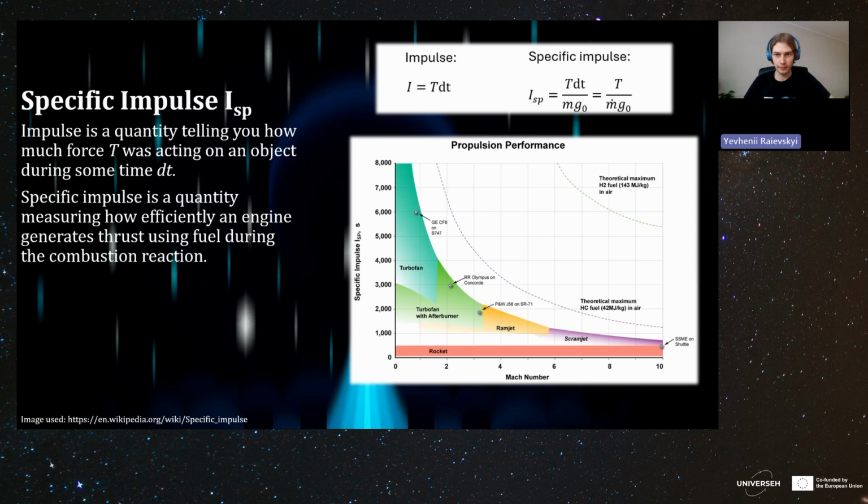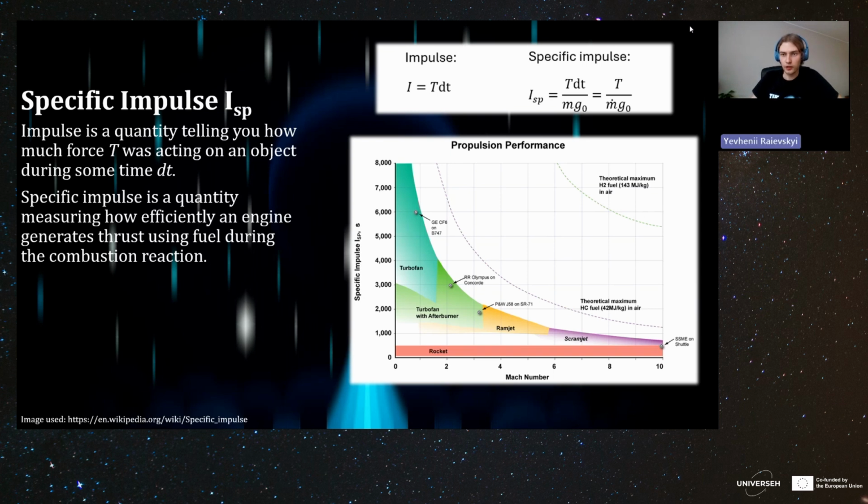And specific impulse basically says that you have to divide this impulse, the maximum push you gained from some object, per weight of propellant, m times g0. g0 is standard gravity, 9.81 meters per second squared.